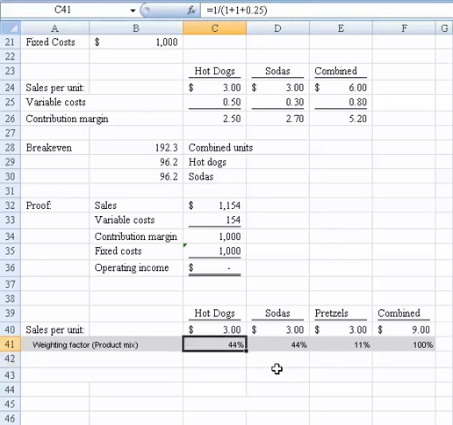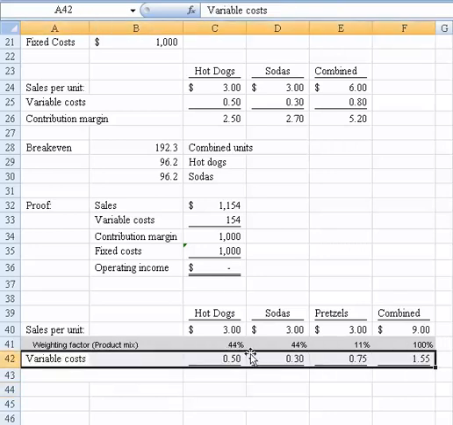So 44% of the $9 of revenue goes towards hot dogs. Another 44% goes to sodas, and for pretzels we just divide the 0.25 by the total, because we only sell a fourth of a pretzel in relation to the number of hot dogs and sodas we sell. So with that mix we have a weighting factor we can add in.